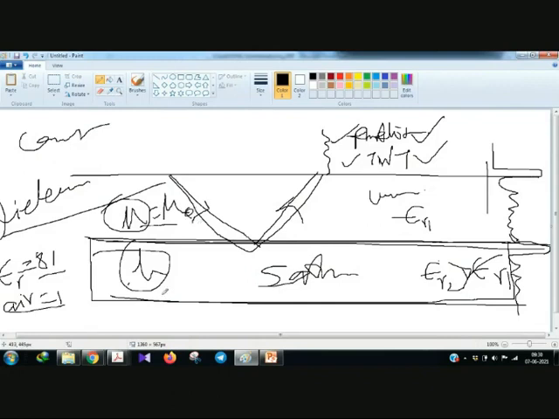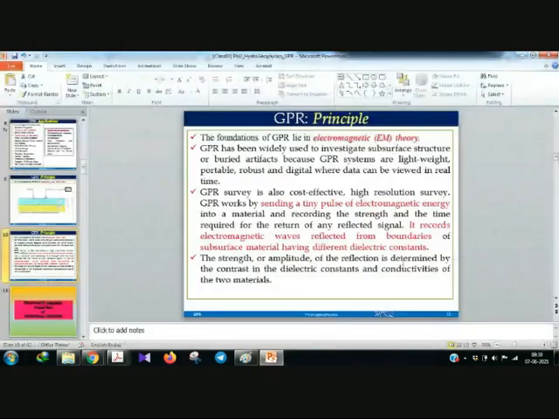We only change sigma 1, epsilon 1, sigma 2, epsilon 2, or epsilon r1, which can be written as kappa 1, kappa 2. Kappa is your dielectric constant, or relative permittivity, whatever you want to call it.